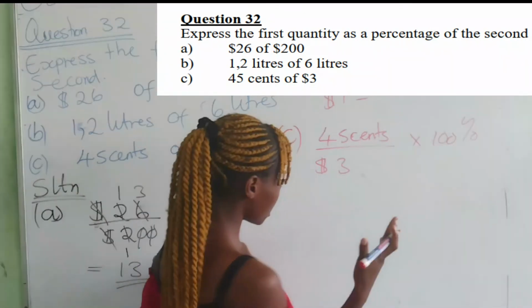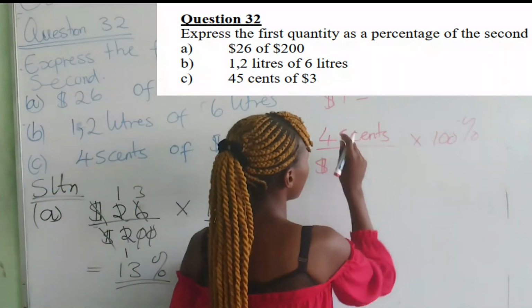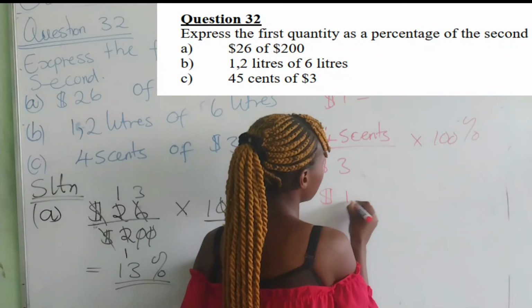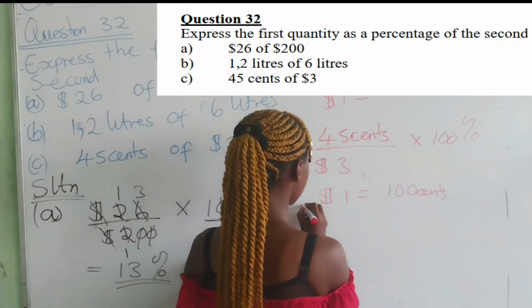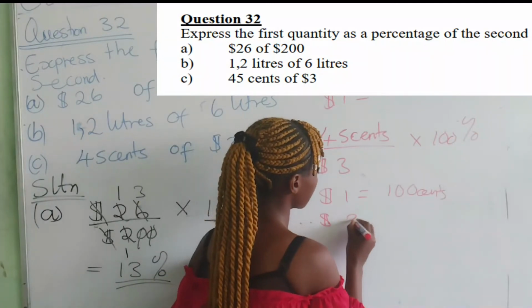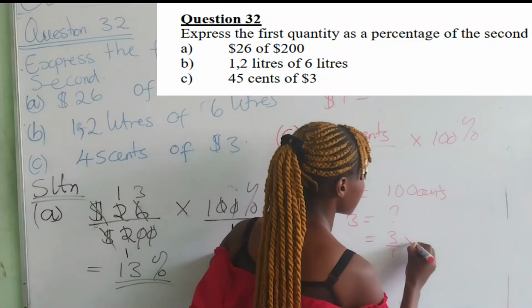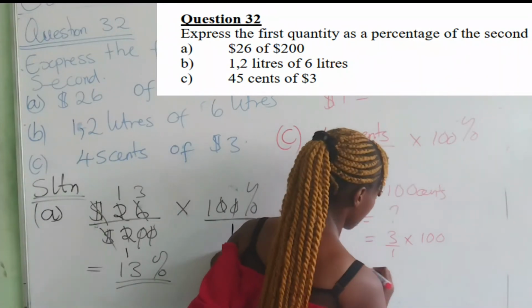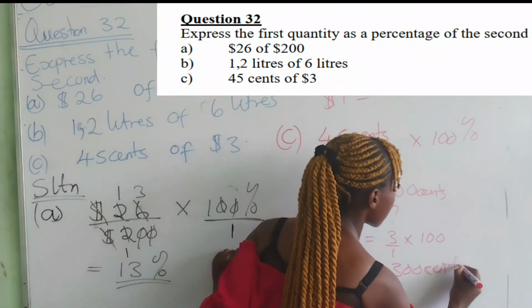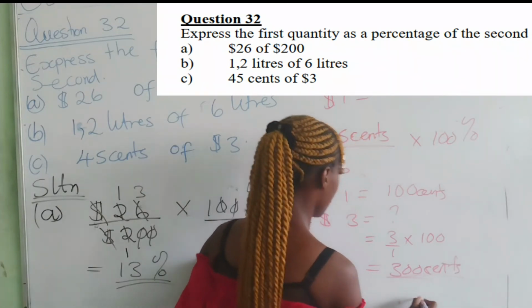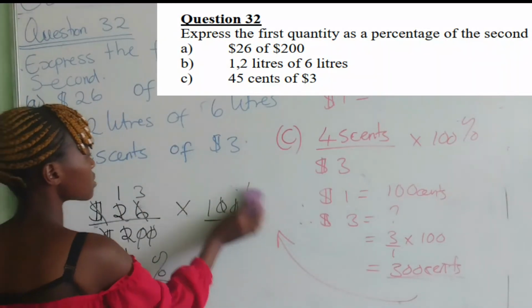So either we change the upper or the lower. I'm going to change the lower. So $1 equals 100 cents. Therefore, $3 gives us 3 times 100 cents, which gives us 300 cents. Okay?